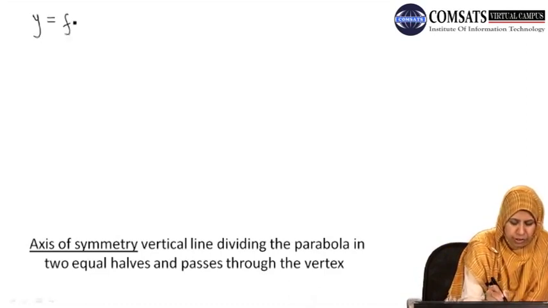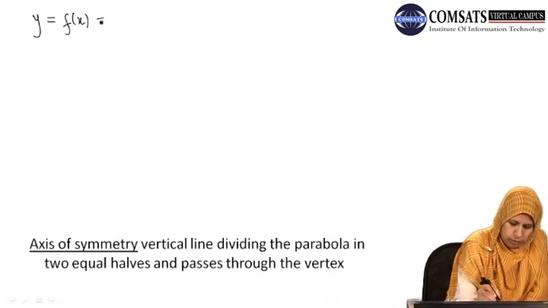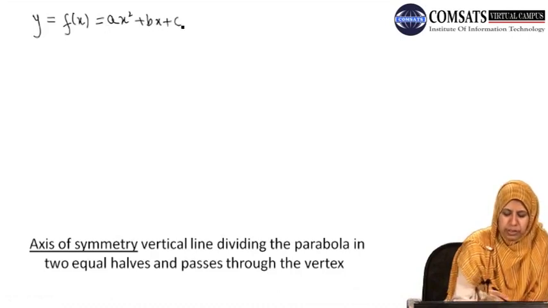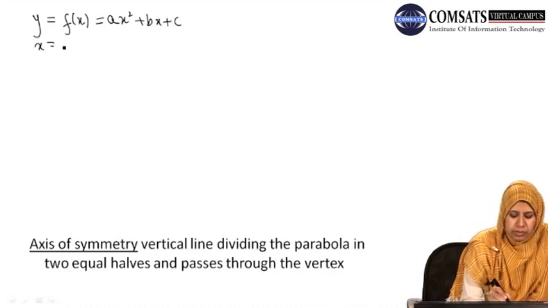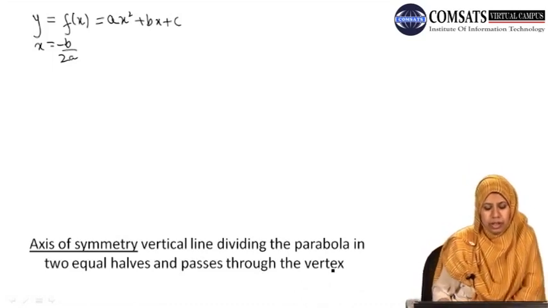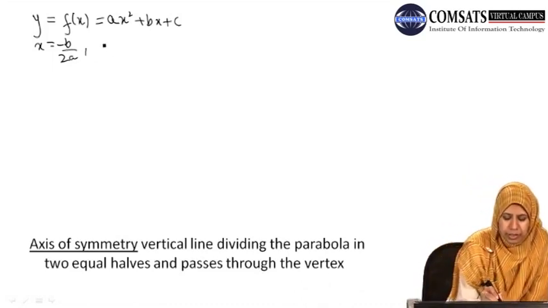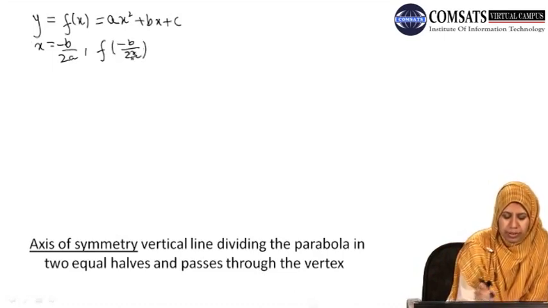We have our given function y equals f of x, which equals the general form ax square plus bx plus c, and we know that the x coordinate of the vertex is minus b over 2a. Since the vertex belongs to the graph, it is a point on the graph, so we can easily find the value of the function at this point, that is minus b over 2a.